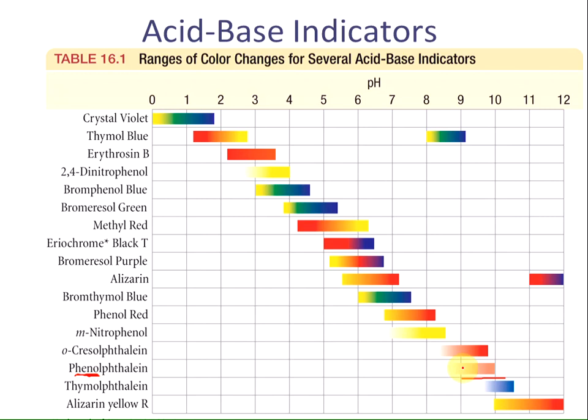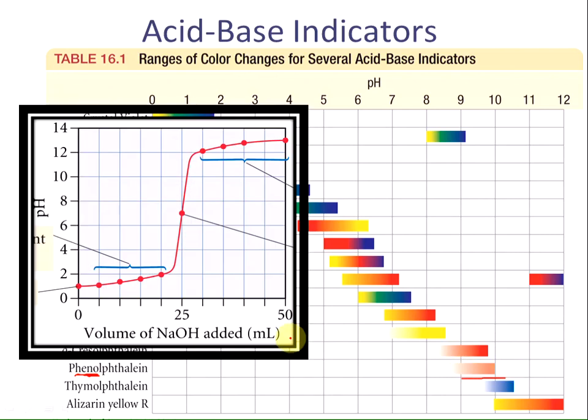Well, the answer lies in the titration curve. So here we have that titration curve of a strong acid with a strong base. And remember, we said at the equivalence point the pH is 7 for a strong acid, strong base system. And if we're using phenolphthalein to determine this endpoint, it changes at a pH between 9 and 10.